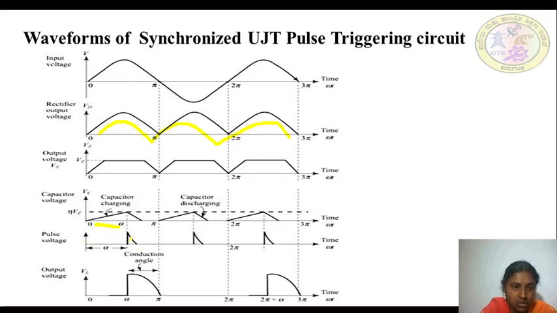A pulse voltage is released to the pulse transformer whenever the capacitor voltage reaches the peak point voltage, that is eta into Vz. So this is the pulse voltage obtained. This is the conducting period of the SCR from alpha to pi, and this is the off period of the SCR from 0 to alpha.